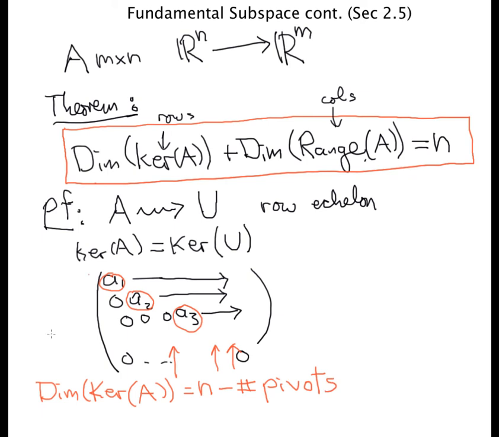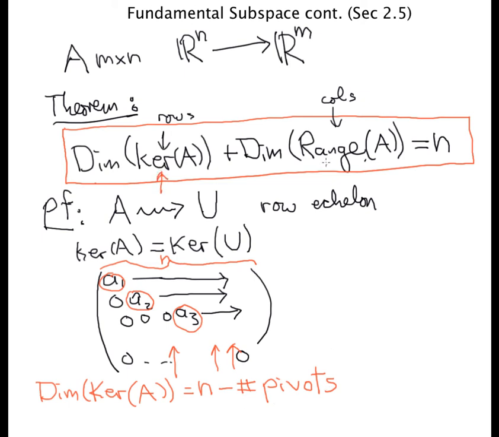Right? The number of columns here is n, and the free variables are the ones without pivots. So that tells us what this side is. It's n minus the number of pivots.